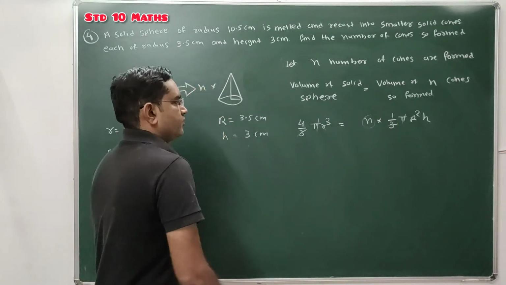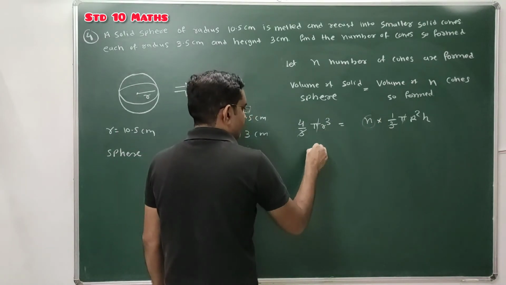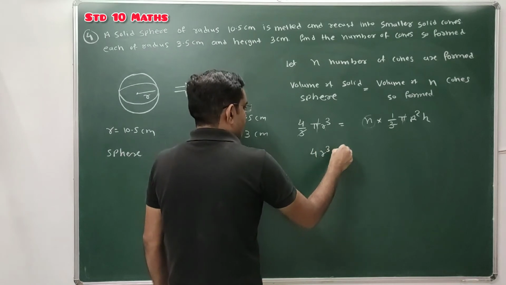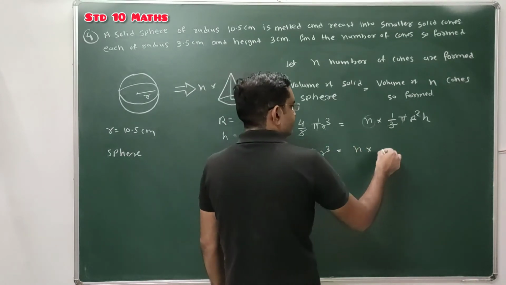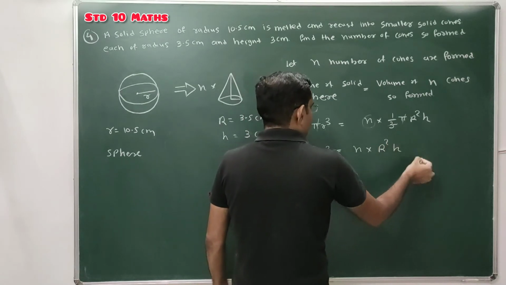Done. So now this one is 4r cube equal to n into R square h.